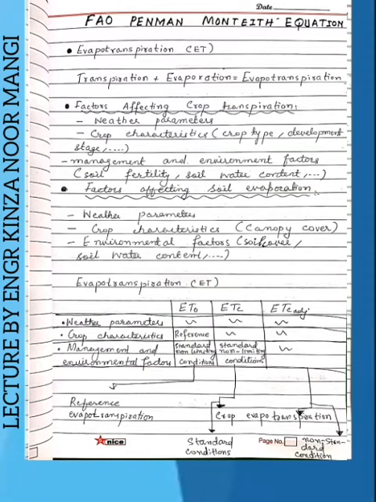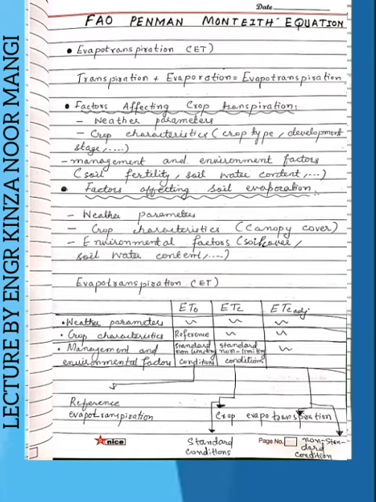In that case we say the evapotranspiration is called crop evapotranspiration under standard conditions, denoted with ETc. Now coming towards the third column, that is ETc adjusted. When we come to the field, we do not always get a conducive environment according to our will.